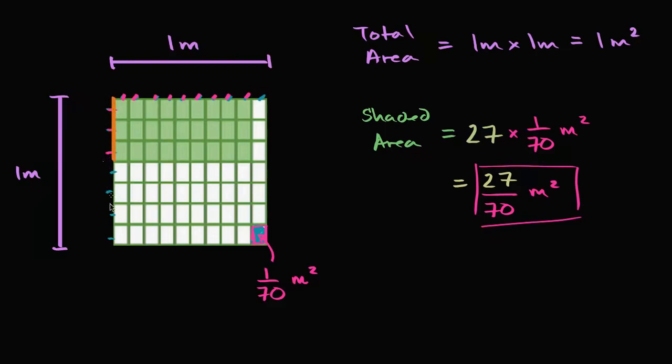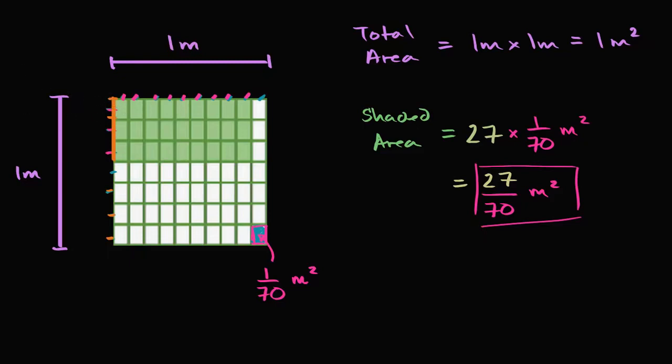Well, we see that if we're going in the vertical direction, we've divided this 1 meter into 1, 2, 3, 4, 5, 6, 7 equal sections. That might have been a little bit confusing the way I just drew it, so let me do it in a more vibrant color.